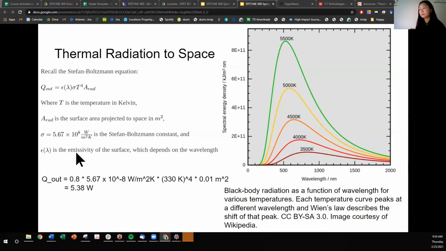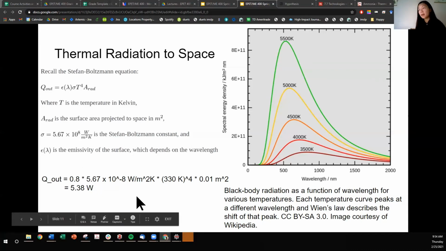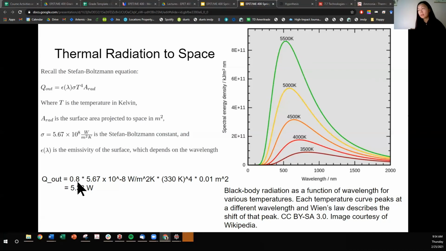For our CubeSat, let's just say that we have a surface emissivity of about 0.8. Then we have the Stefan-Boltzmann constant.